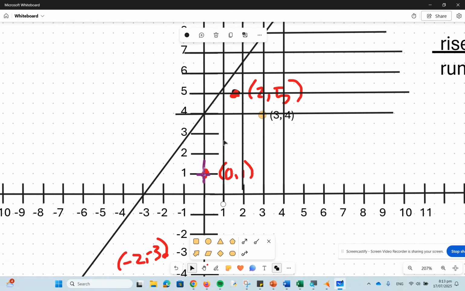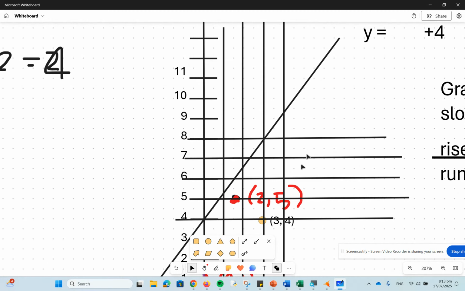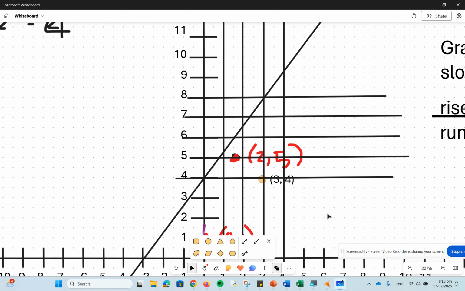Okay, so here's my hashed out grid paper to show you how to do this. It's not very precise because it's not grid paper, but anyway, I've done my best.